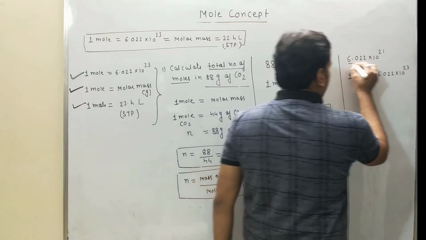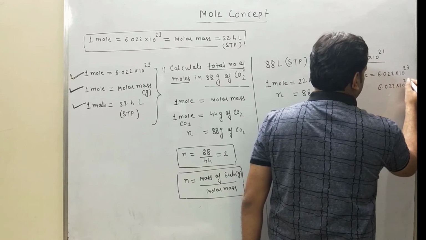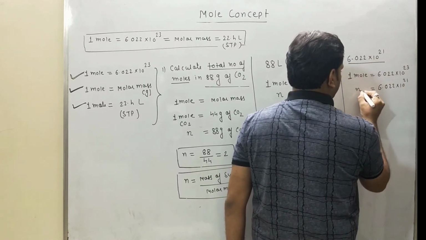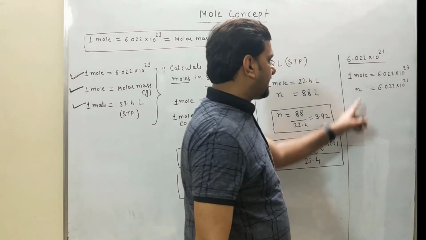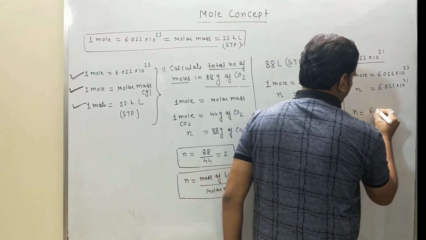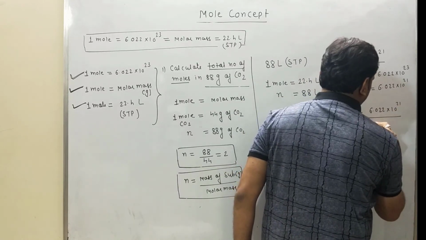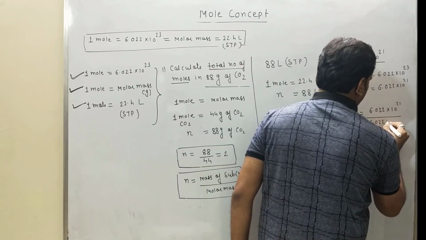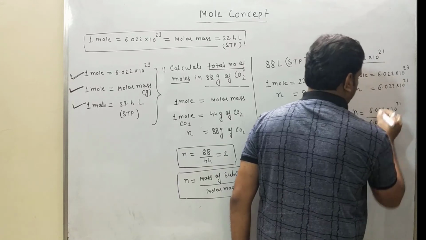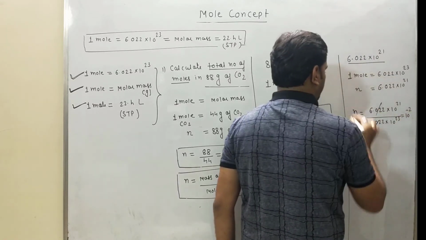Okay, so you have 6.022 into 10 raised to 21 particles. So we can calculate n. So n equal to 6.022 into 10 raised to 21 divided by 6.022 into 10 raised to 23. Cancel. So it becomes 10 raised to minus 2.